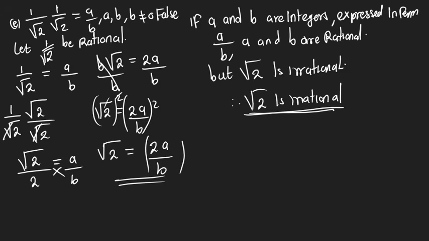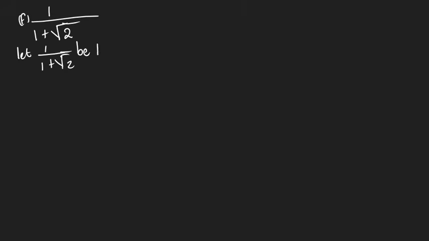How about if you have been given a question like this one? F, where they're saying 1 over 1 plus root 2. Prove that this is irrational. So you're going to say we let 1 over 1 plus the root of 2 be rational.